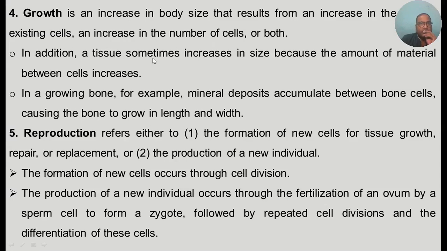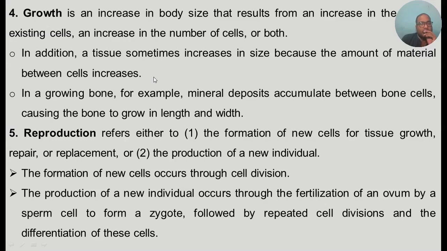In addition, a tissue sometimes increases in size because some of the material between cells increases. If there is some deposition or addition of material in the tissue, ultimately that tissue will grow in size.